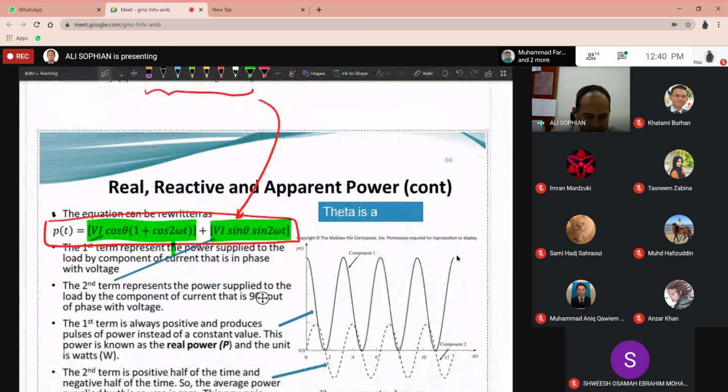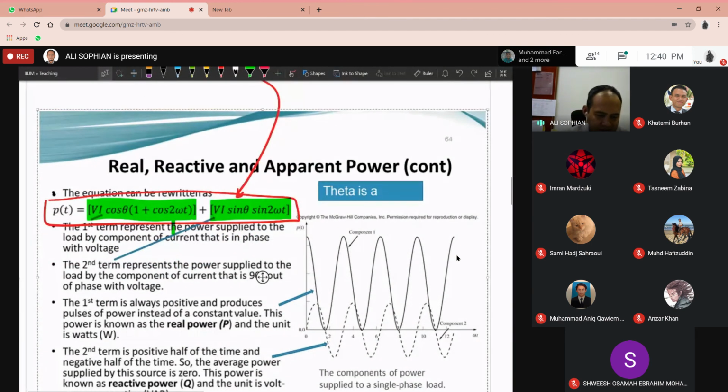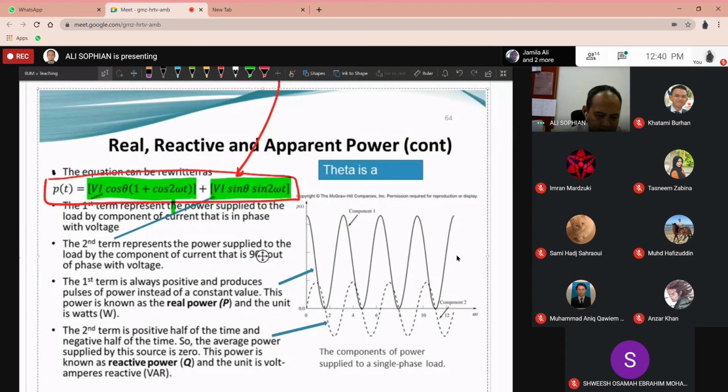Okay, let me just check again. The VI cos theta. I need some space to expand this a bit.